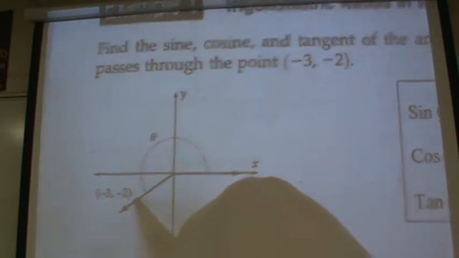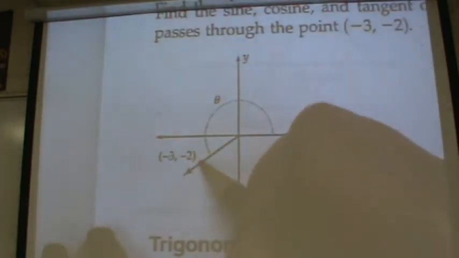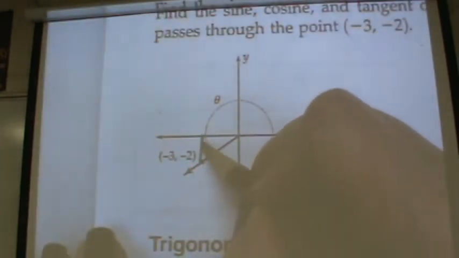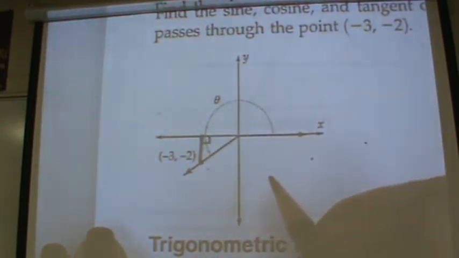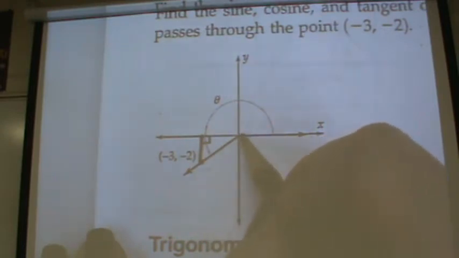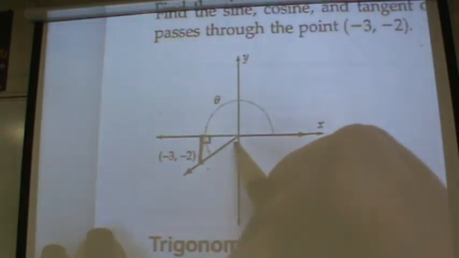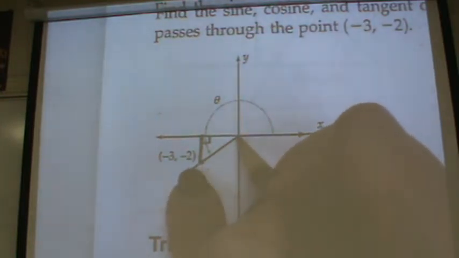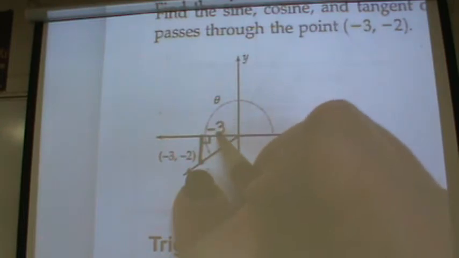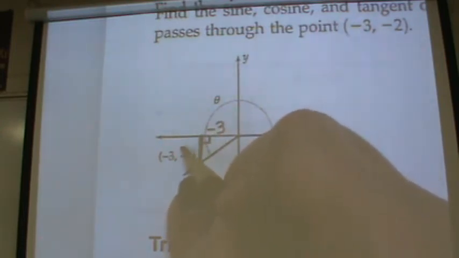Well, where is -3, -2? It's right here. So think of this, you're always going to create a right triangle with the x-axis. So see, this is the triangle I'm talking about here. To get to this point, you start here, this is your origin, you went over 3, this is -3, and you go down 2, this is -2.